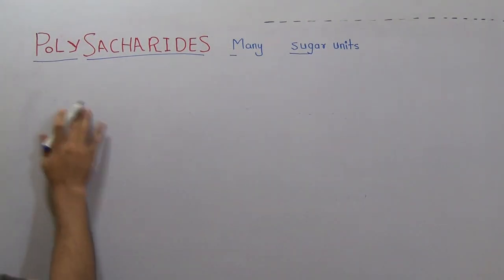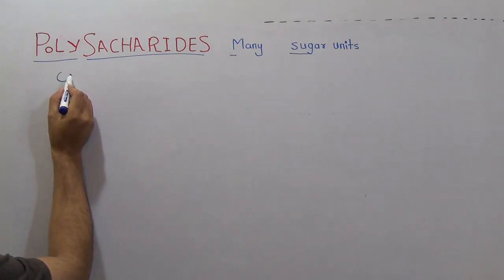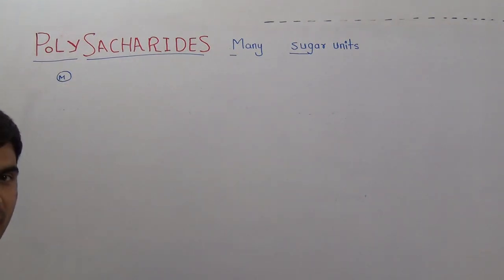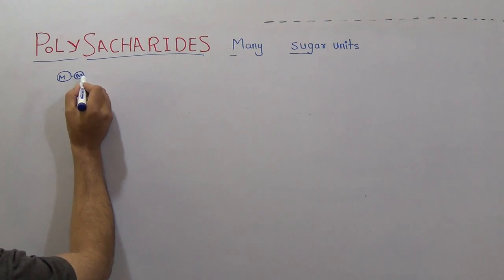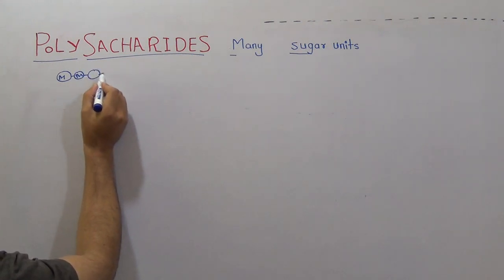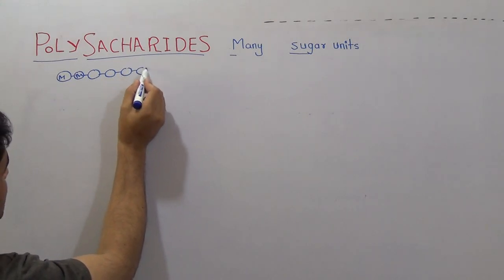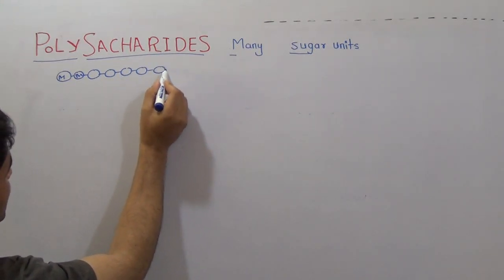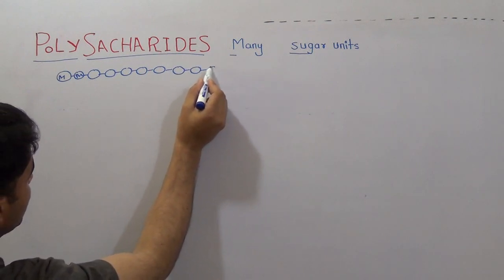It means that in polysaccharides, one monosaccharide, if I write here M, you know very well monosaccharide, another monosaccharide, many monosaccharides when combined, remember that its number must be more than 10.